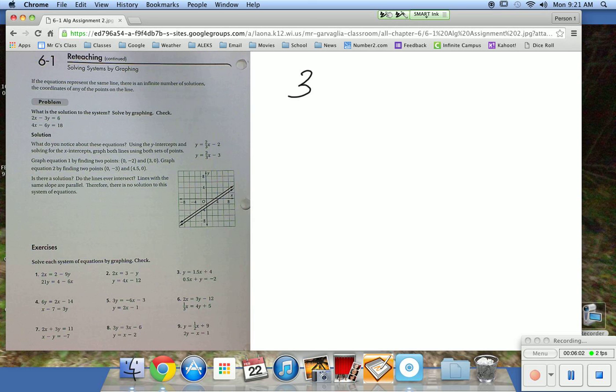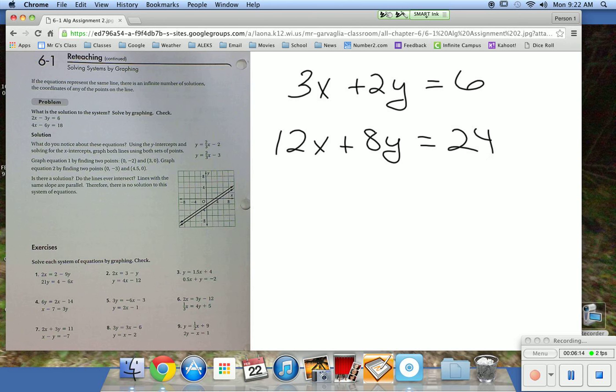Now, 3x plus 2y equals 6, and I have 12x plus 8y equals 24. What if I graph these two equations? Let's do a t-chart on these. x, y. 0 for x.